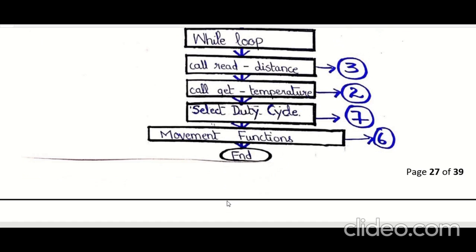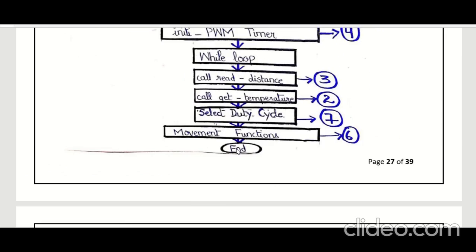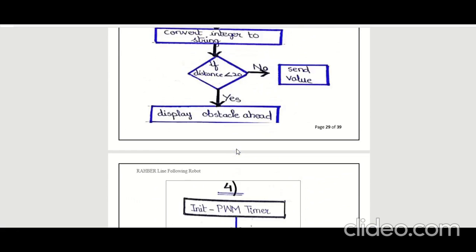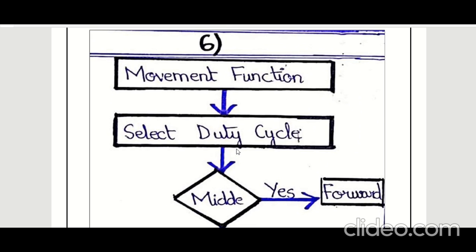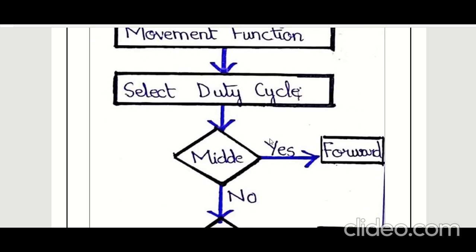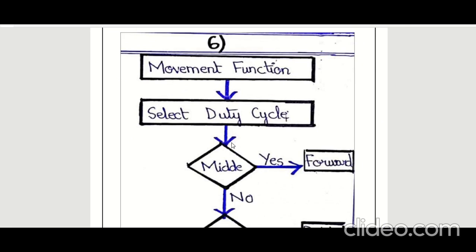So again, moving on to our main function, there we have the movement function. For the movement function we have to move to flowchart number 6. This is our flowchart number 6 for the movement function. First we have to select the duty cycle which we have selected. Now we are taking duty cycle as input in this function.